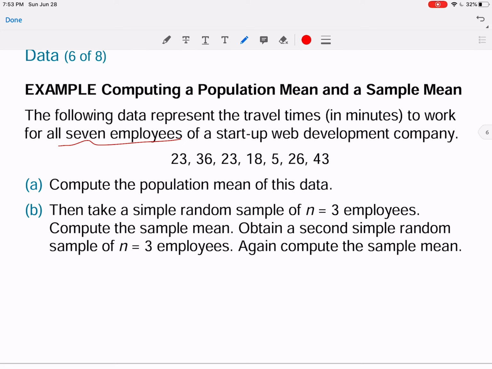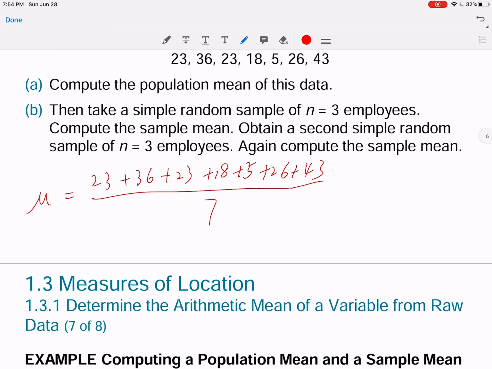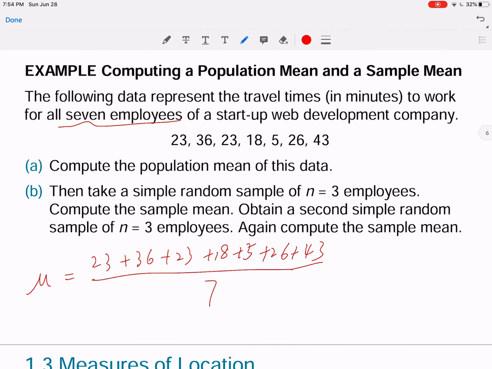So based on the formula we just went over, the population mean denoted by mu would be equal to, we add them all up, 23 plus 36 plus 23 plus 18 plus 5 plus 26 plus 43, divided by the number of observations, which is 7. So that's pretty much how we calculate it. I won't simplify over here because I'm going to give you the answer on the next slide.